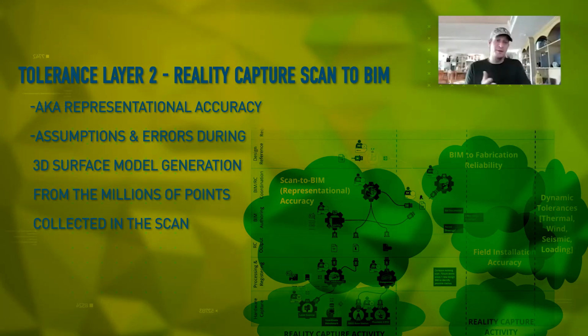Total stations, on the other hand, you can set up on one end of the building and shoot a control point a kilometer away, one measurement. So the goal with setting control networks is to control that global accuracy. But interestingly, statistically speaking, local accuracy is actually best achieved with cloud to cloud.